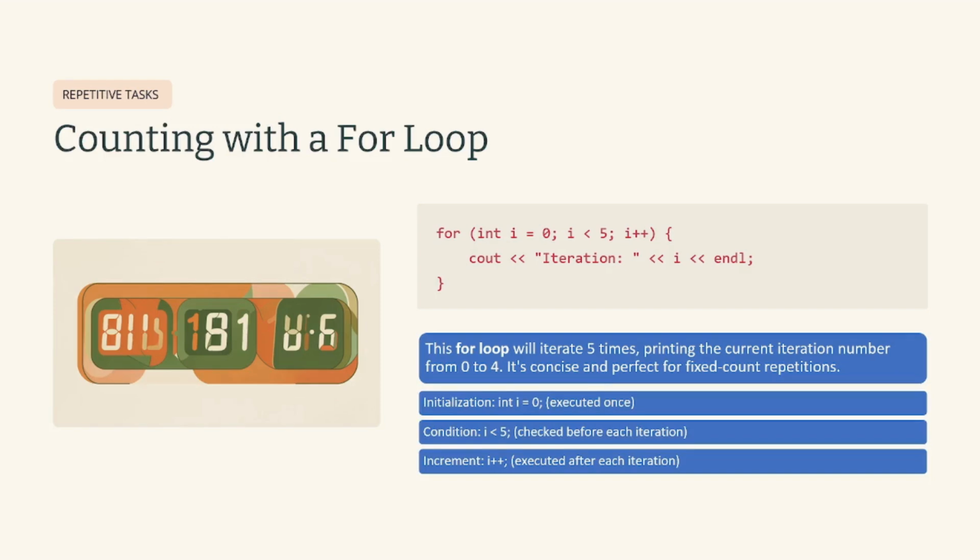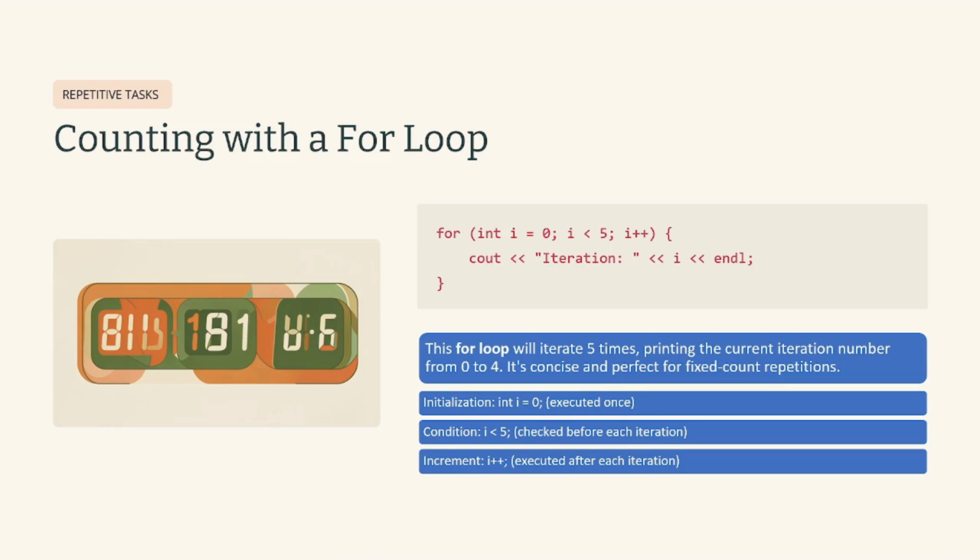Next, continuing with for loop. Let's finally see a loop in action. for (int i = 0; i < 5; i++). This single line contains three parts. First is initialization.